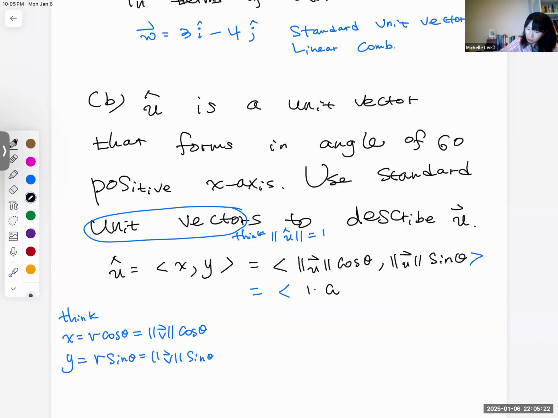So 1 times cosine 60 degrees, 1 times sine 60 degrees. Please think quickly: 1, 2, 3. What's the cosine of 60 degrees? 1/2. Sine 60 degrees is square root of 3 over 2. Okay, so this is the vector component form.